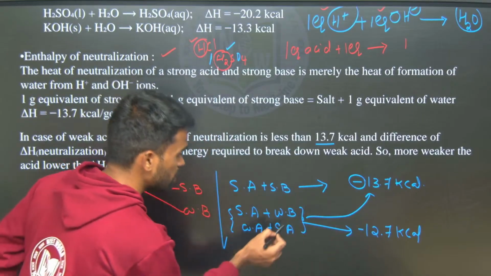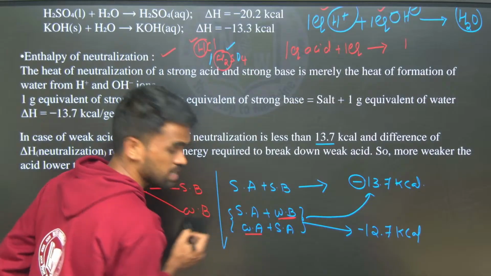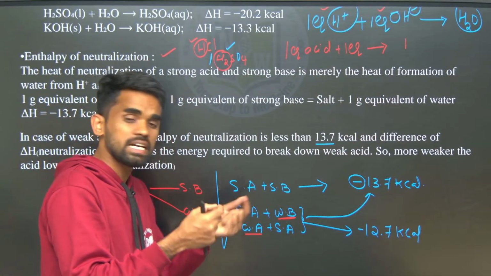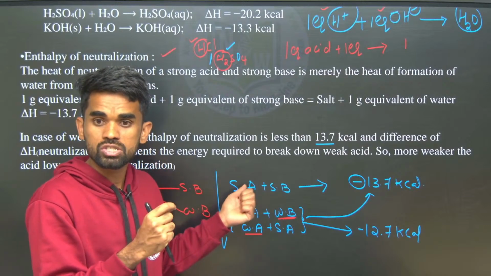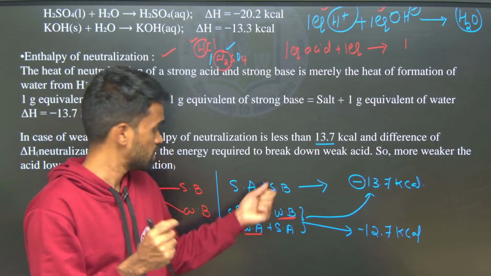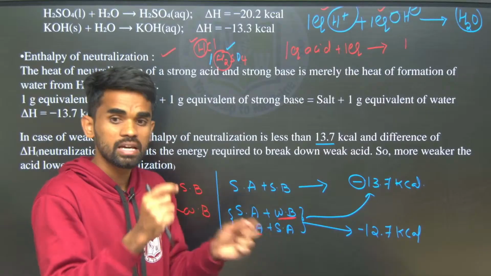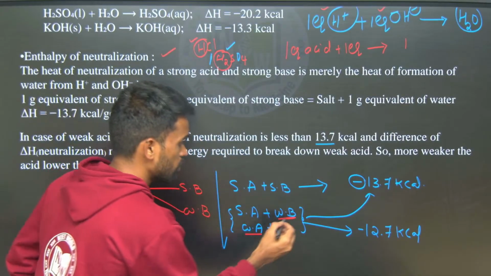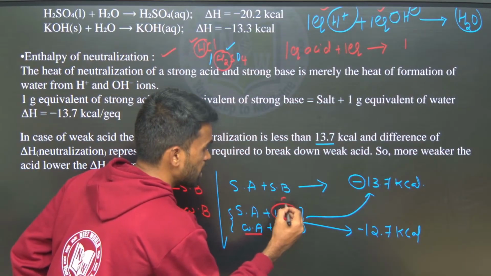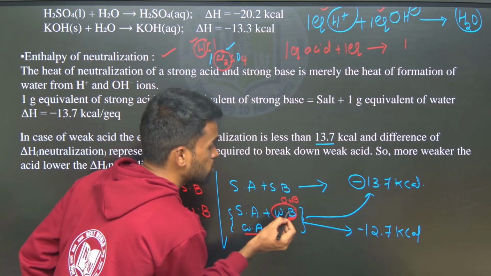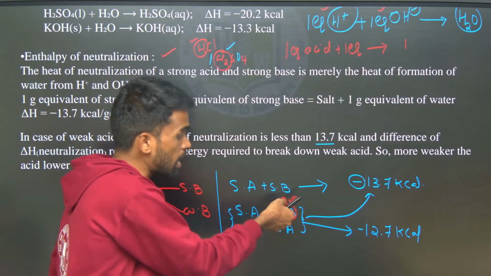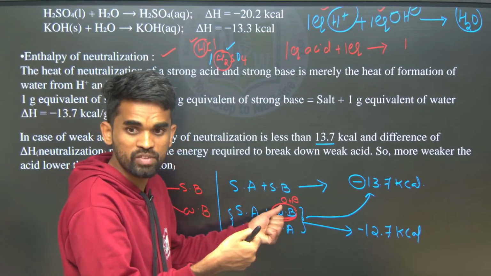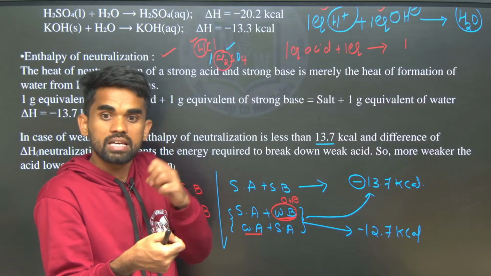Because whenever we take a weak base or a weak acid, we know the extent of ionization is more for strong acids and strong bases. But for weak bases, the extent of ionization is relatively less. It means when I say weak base, the liberation of OH minus ion is relatively less. So in order to ionize that OH minus ion from the weak base, some amount of energy is consumed.